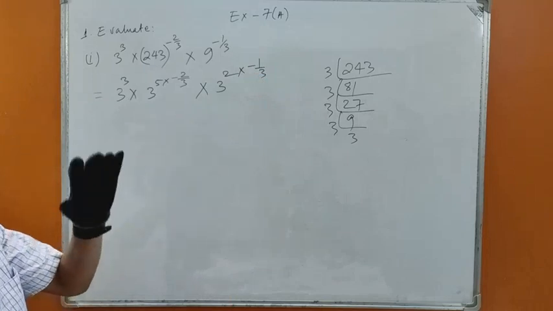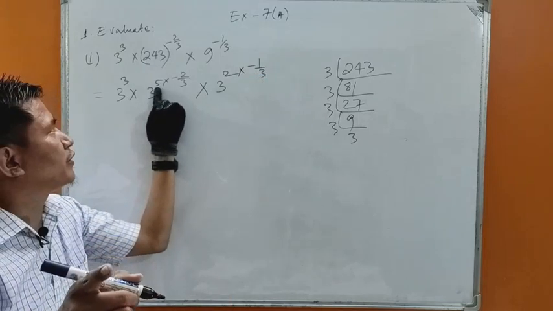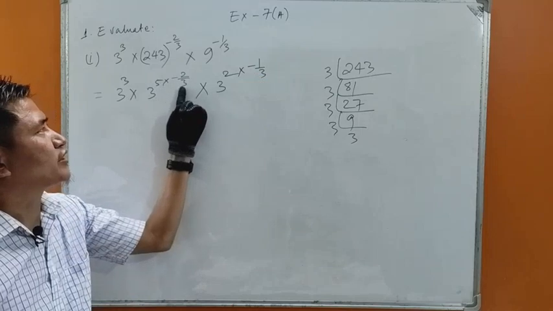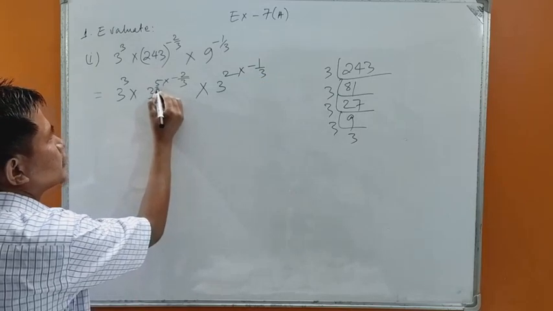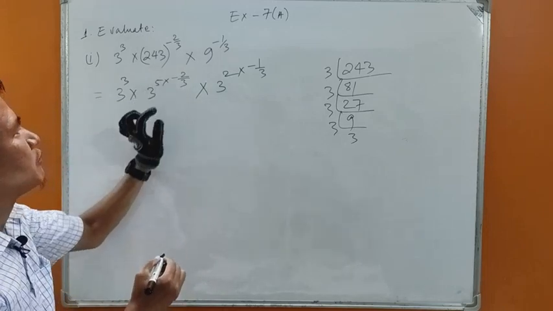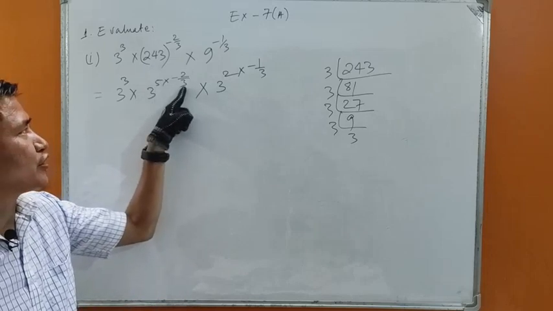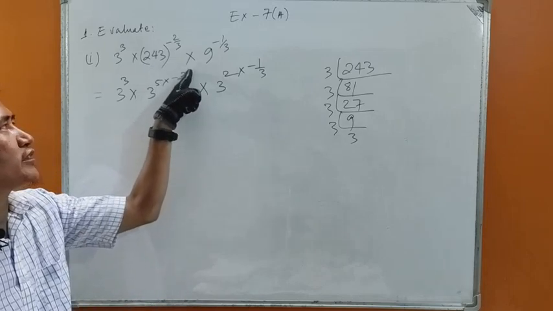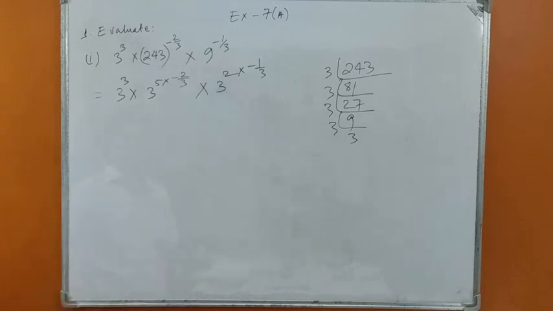Now please keep this in mind. This 5 is the number in the numerator and this 3 is the number in the denominator, okay? Because there is no number in the denominator, we should understand there is 1. We need not write this 1, but we should understand that this 3 is in the denominator, 2 is in the numerator, 3 in the denominator.